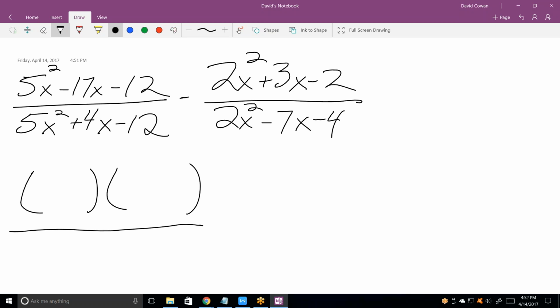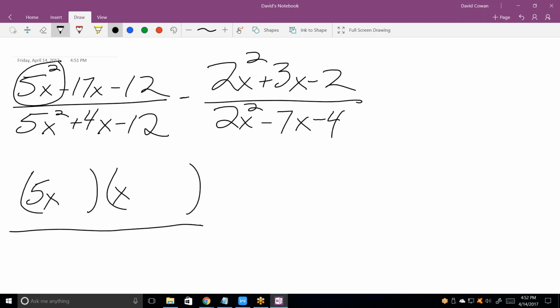So, let's see. Split up the 5x squared. There's only one way to split that up. 2 and 3? No. You've got to multiply. 2 and 3 would multiply to 6x squared, but 5 and 1 multiply to 5x squared.